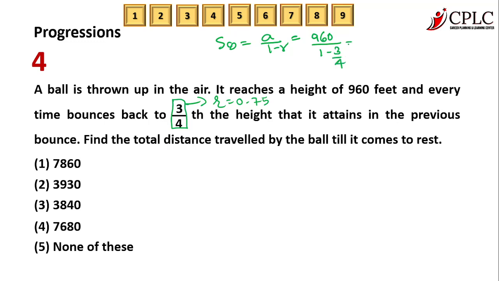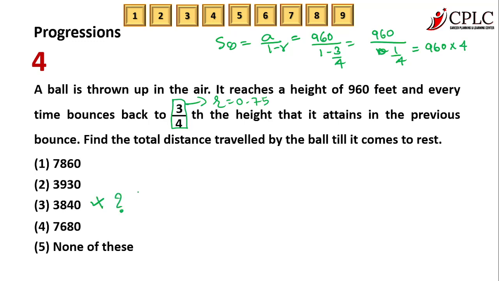So 1 minus 3 by 4 is 1 by 4. That means this 4 goes up and gets multiplied. So 960 into 4 is 3840 basically. Correct? But it is not the right answer.